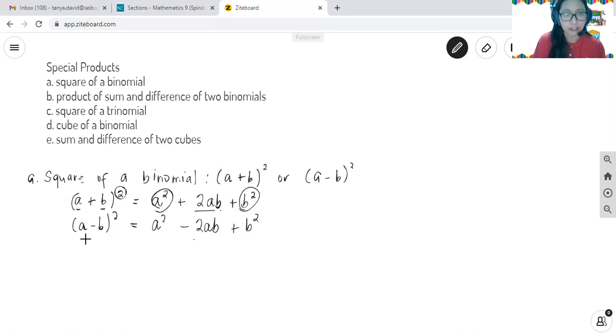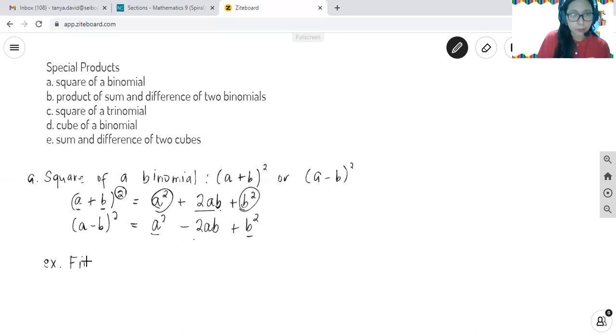That's why if you have a minus b quantity squared, it will still be the same, the square of the first and then the square of the last. For the middle term, it will be 2 times a times negative b. That's why there is a negative sign here. So for us to further understand this, let us have some concrete examples.